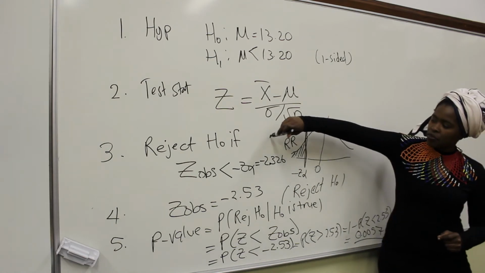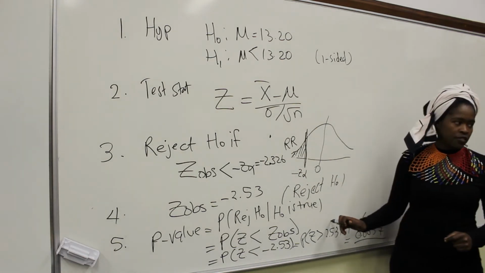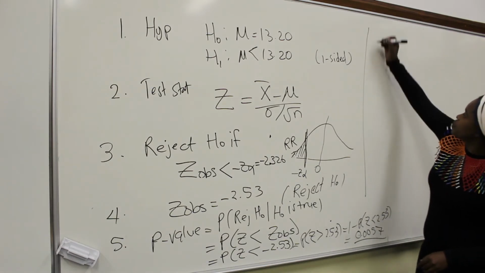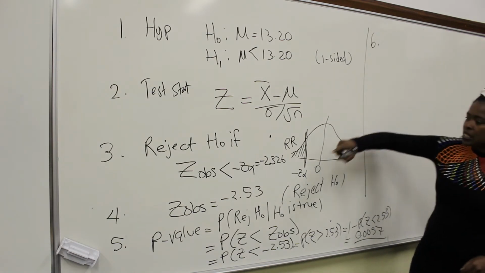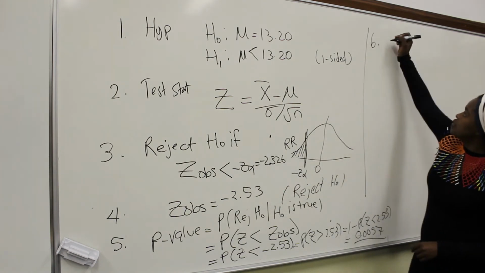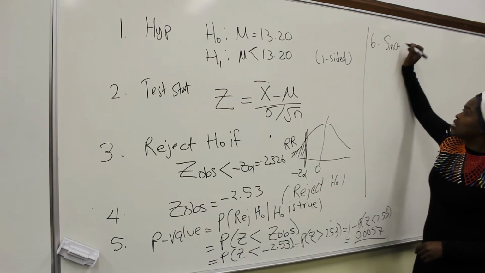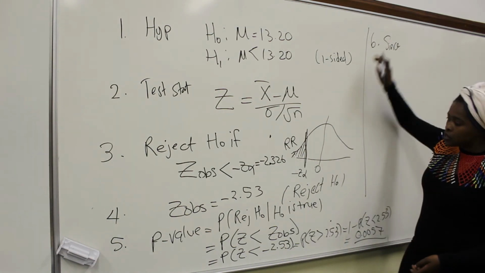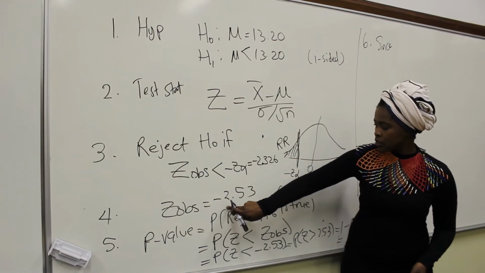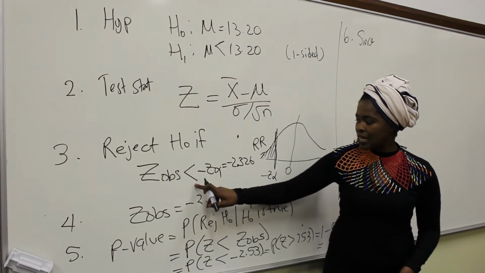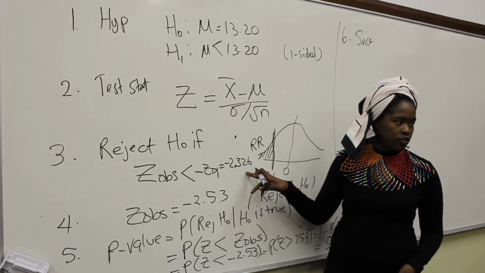So now in your conclusion, you have 2 things that you're paying attention to. What you said in step 3 and also what you have observed in step 5. Okay? So the last step, which is step 6, we are trying to see whether this happened or not. So now you're going to say since Z observed, you were expecting that Z observed is going to be less than negative 2.53.